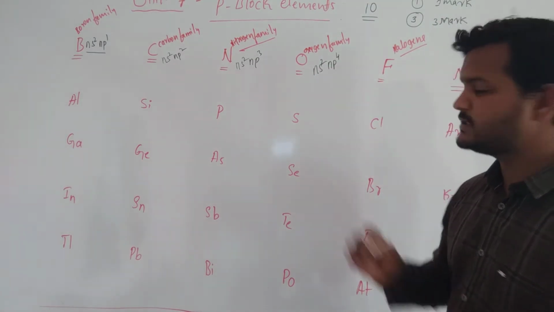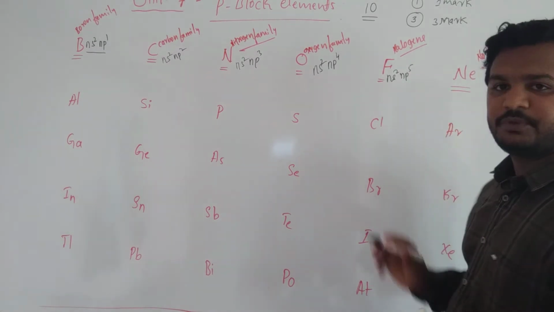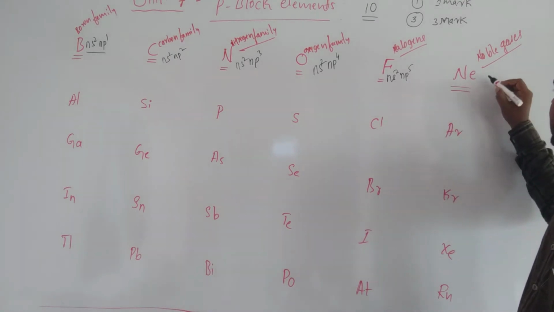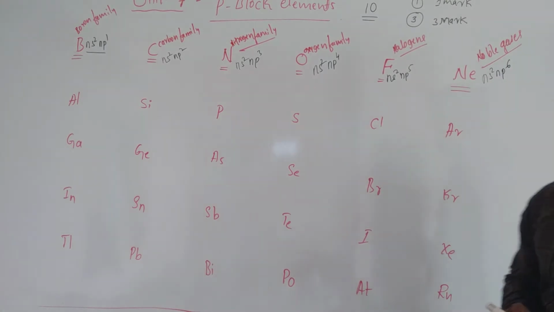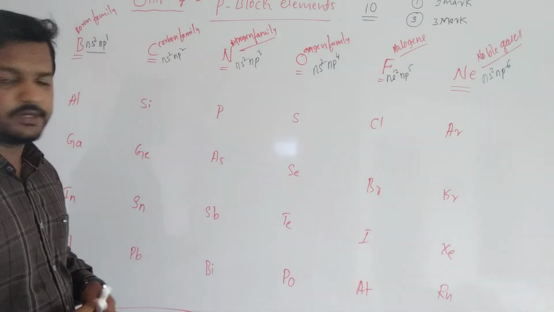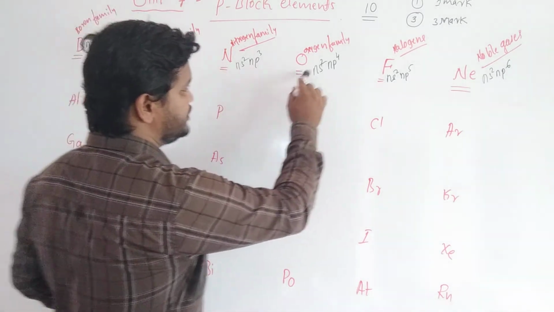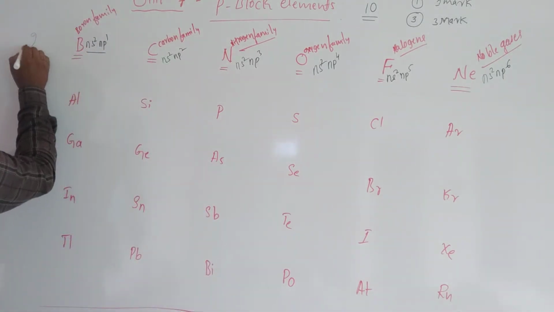Halogens? ns2 np5. And the last one, neon group, general electronic configuration ns2 np6. Okay, students, boron, carbon, nitrogen, oxygen, fluorine, neon, these all are second period elements.